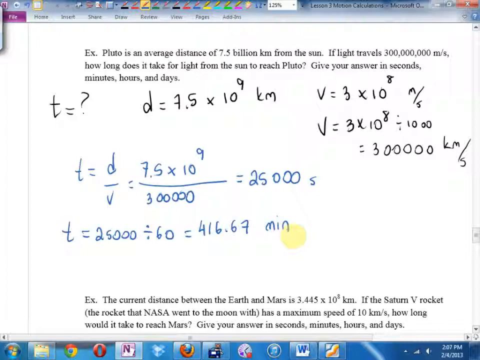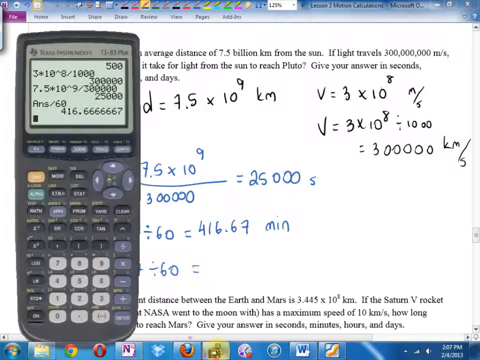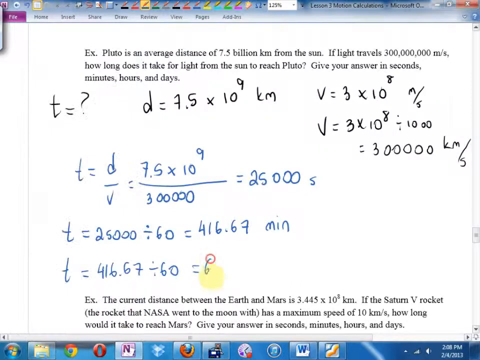It also wants the time in hours. How do I go from minutes to hours? Divide by 60 again. 416.67 divided by 60 again. How many hours? 6.94 hours. And then the last thing I said, how many days? How do I go from hours to days?